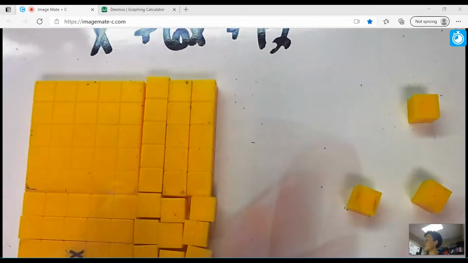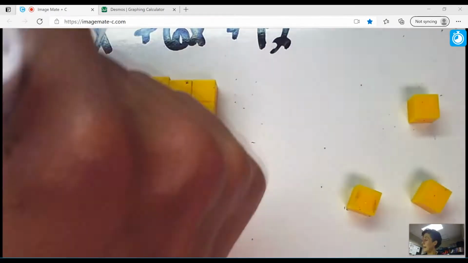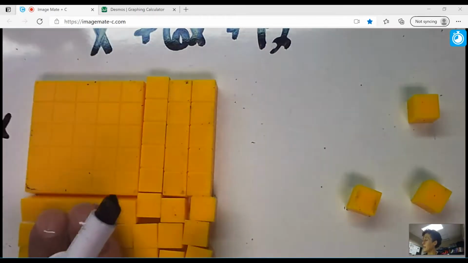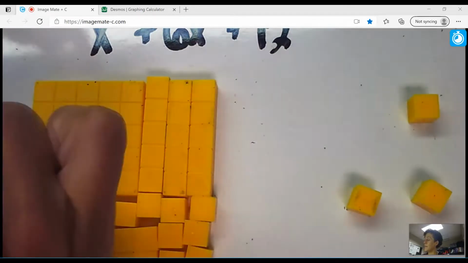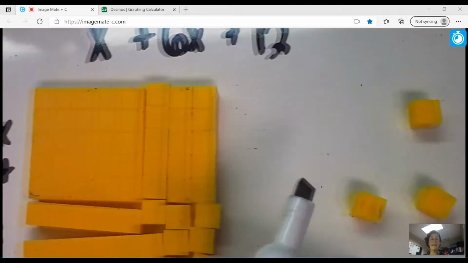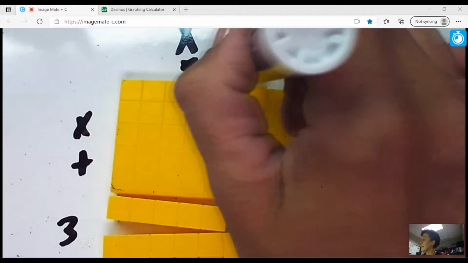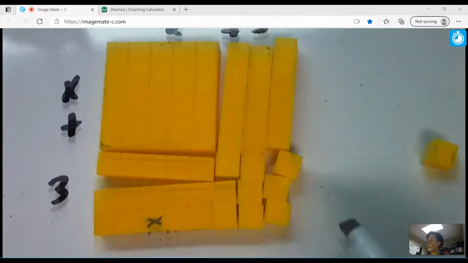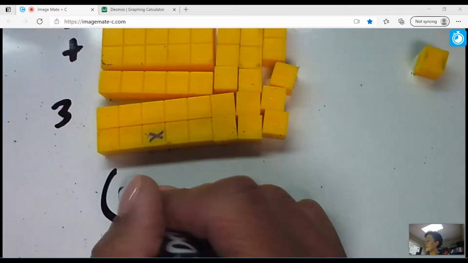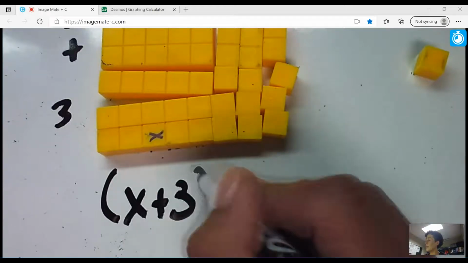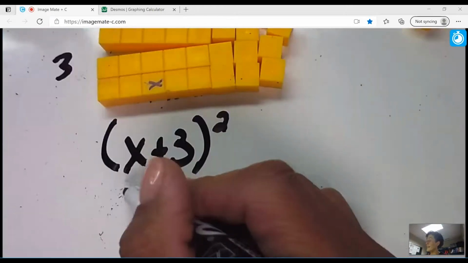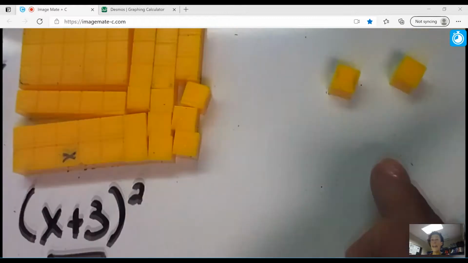So now this square can be described as x on this side, plus 3 more. And this, sorry you couldn't see that, can be described as x here plus those 3 more. So when I look at the area of the square, it's x plus 3 times x plus 3, which we're going to write as x plus 3 squared. So that's the whole square, but I actually have a little more.